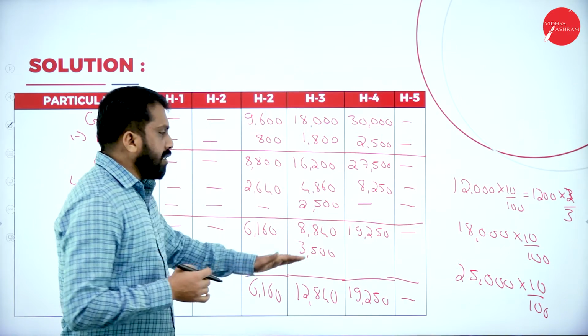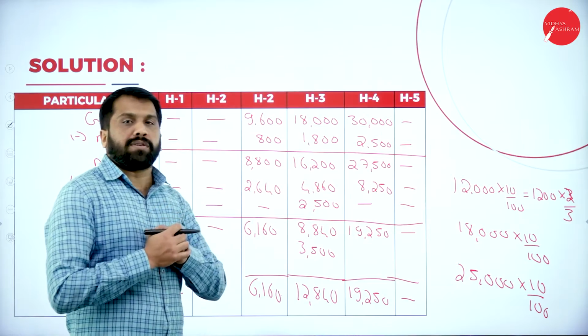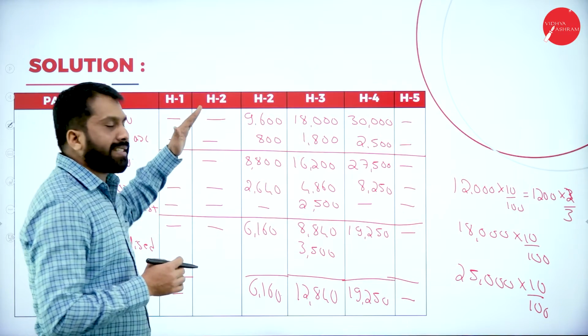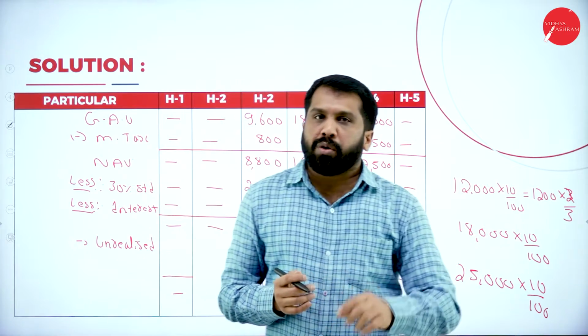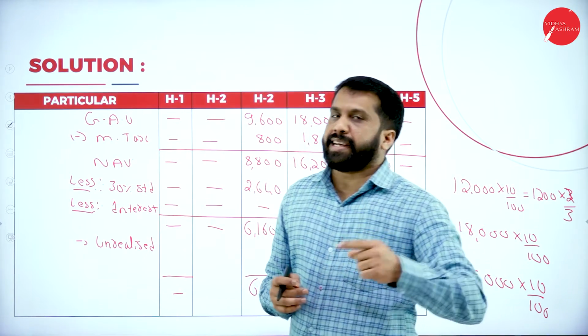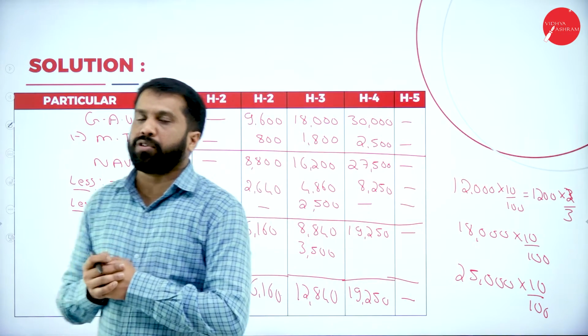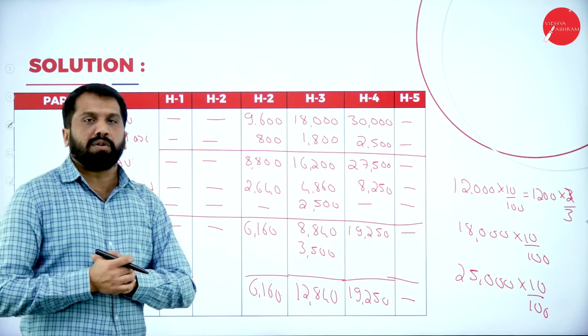So like this you can do, you will get full marks, but you have to do this also as a taxable house only, because you have permission to take only one house as self-occupied. The second house cannot be considered as self-occupied, because it is partially let out property.